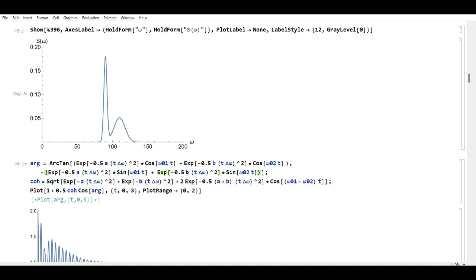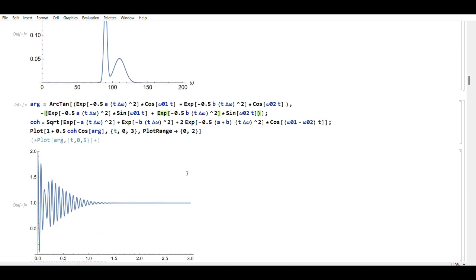So mod gamma tau would then be the square root of mod gamma tau squared. I could have just taken gamma tau and done the mod using a Mathematica function. ABS or Abs is the Mathematica function for finding the absolute value, but I have just done it in this different way over here.